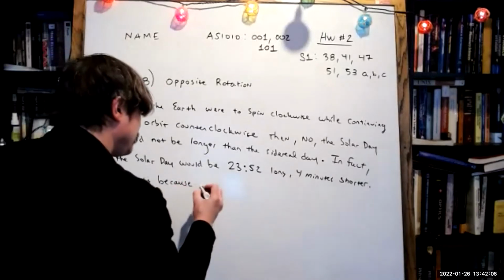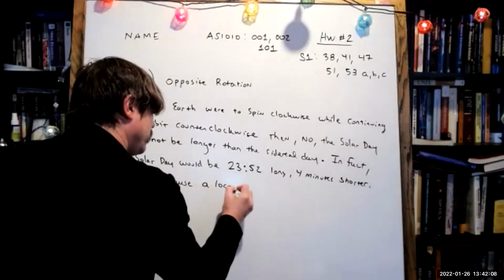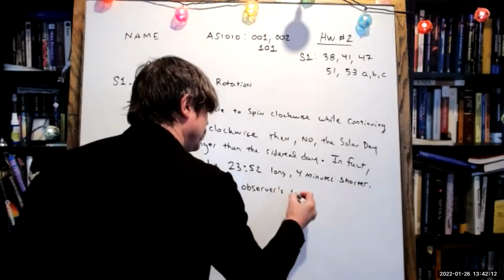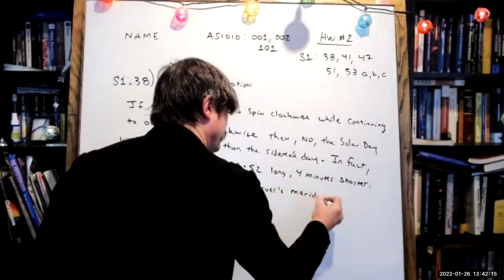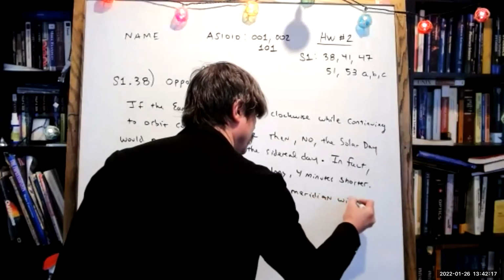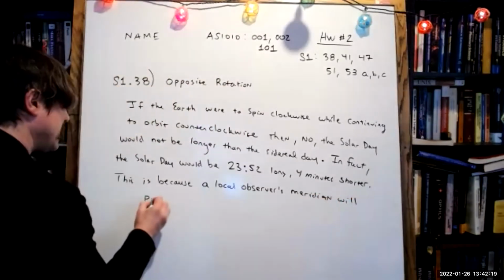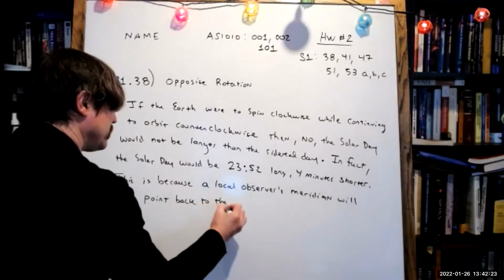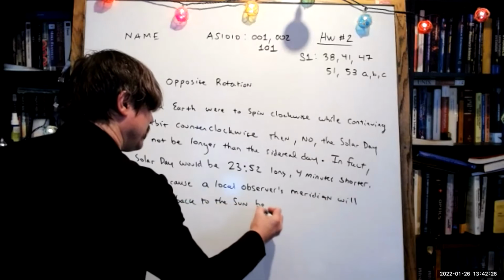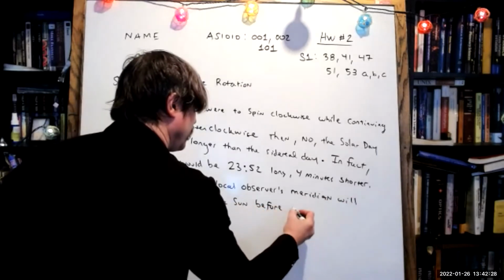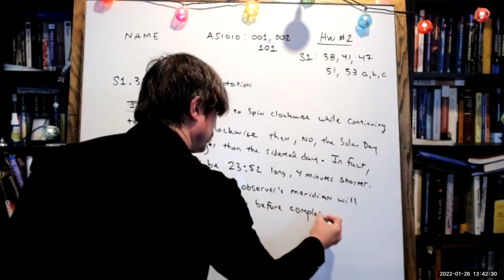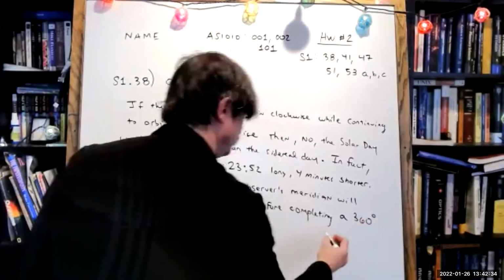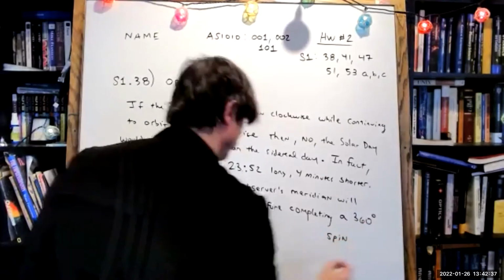Okay, this is because a local observer's meridian will point back to the sun before completing a 360-degree spin.